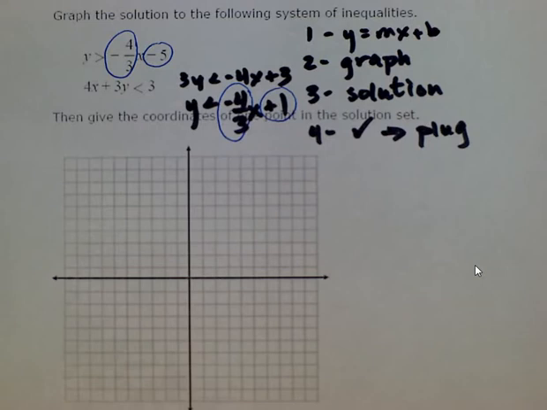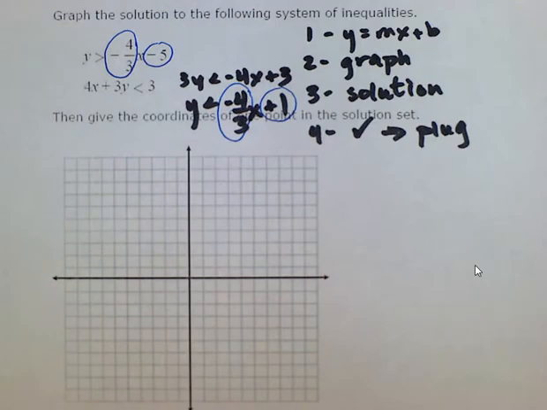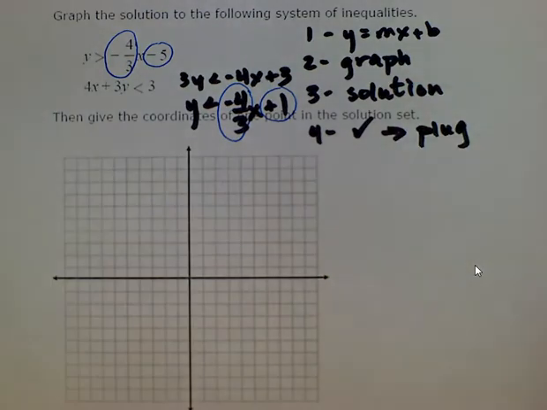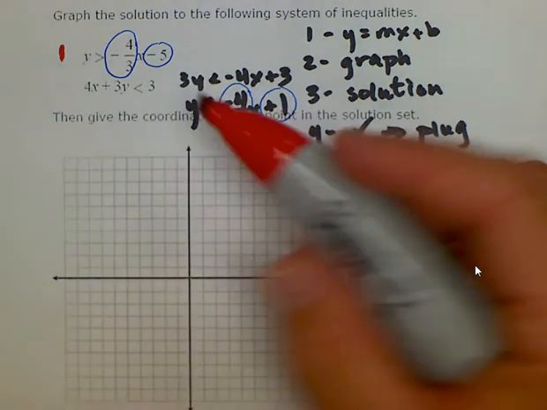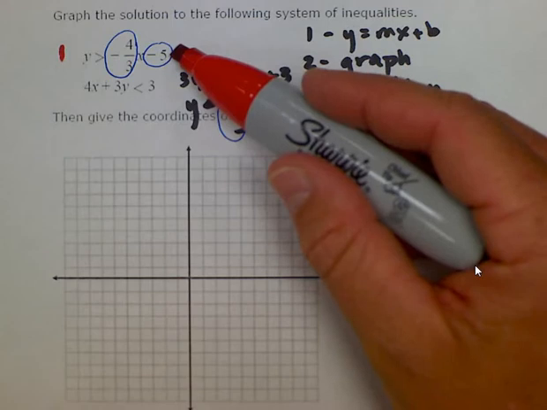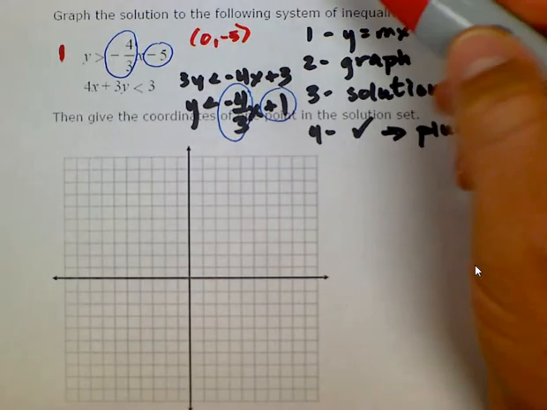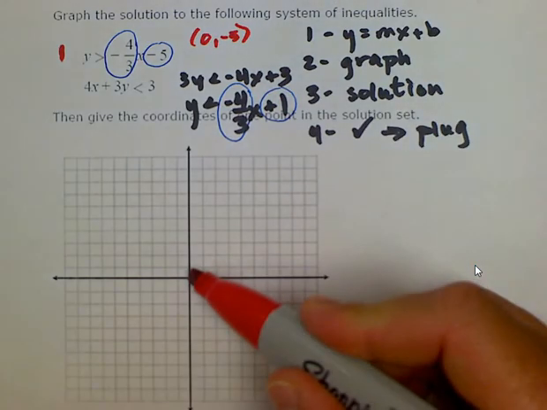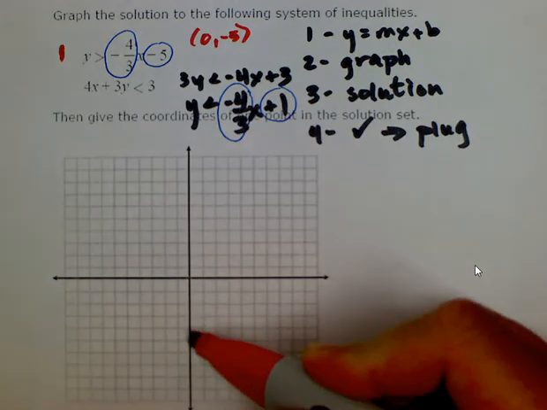So let's go ahead and look at the first one here. We'll go ahead and graph this top one in red, and we'll do the bottom one here in black. So we would start with our y-intercept, which would be the coordinate 0, negative 5. So we would come from the origin and we would come down 1, 2, 3, 4, and 5.